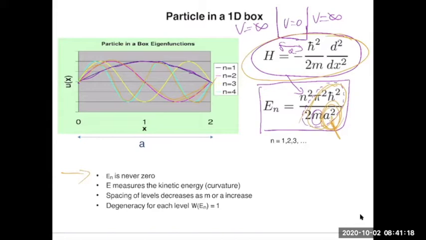The other thing you should realize, maybe not for this class, but in general, is that kinetic energy measures the curvature of the wave function. Let me digress here a little, because this might be useful in your general understanding of bonding and quantum mechanics. You often think of a localized electron state as having low kinetic energy, versus a delocalized electron state like in a metal, which you would think has high kinetic energy because it goes everywhere. But it's actually the opposite.